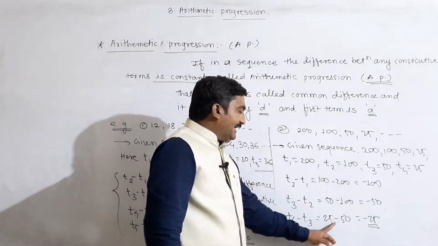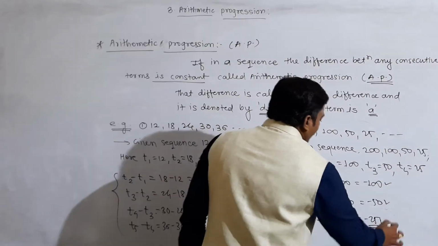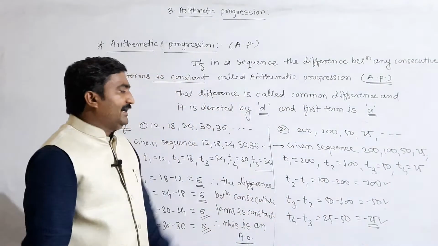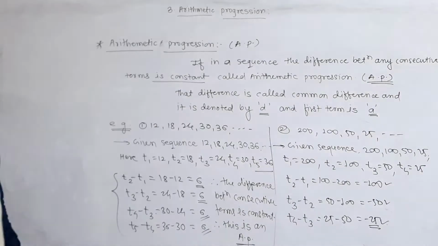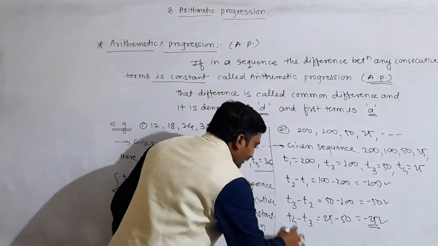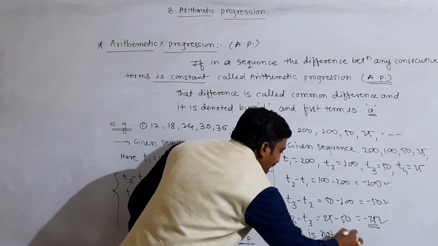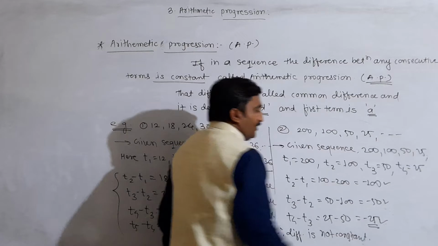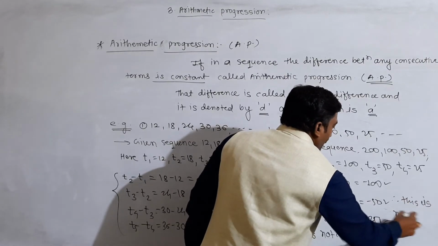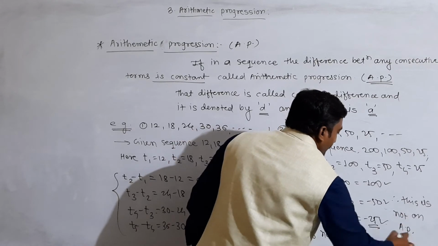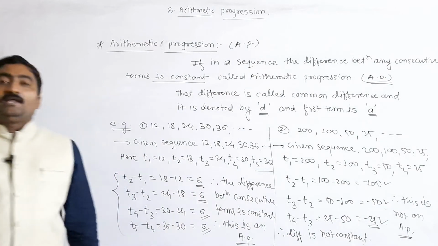So the difference between consecutive terms is not constant, therefore it is not an AP. In this way we can decide whether given sequences are in AP or not.